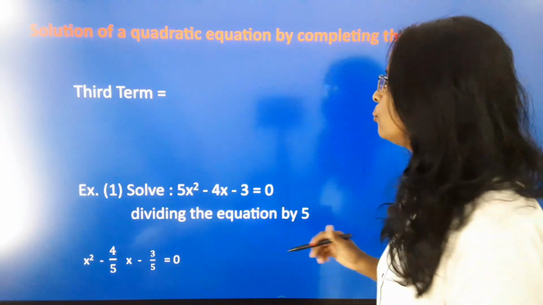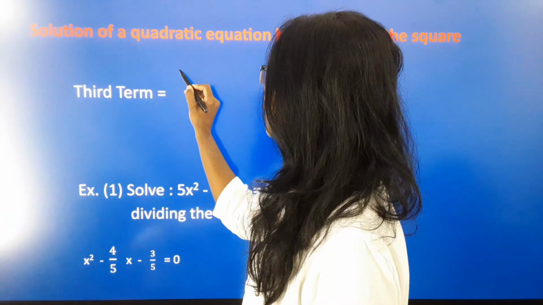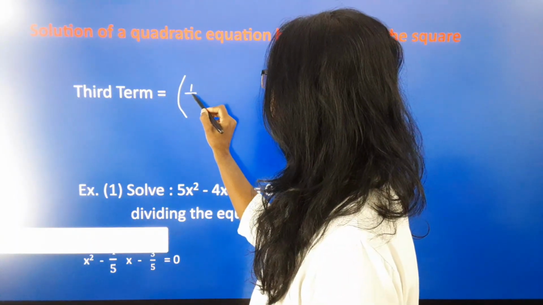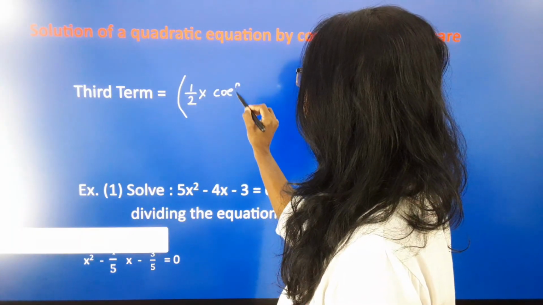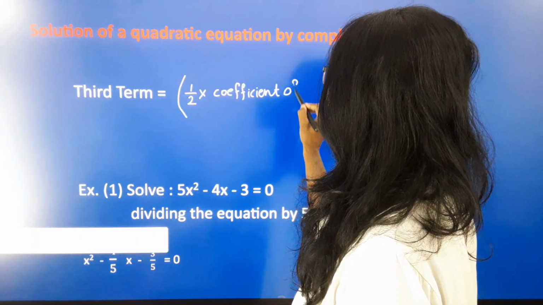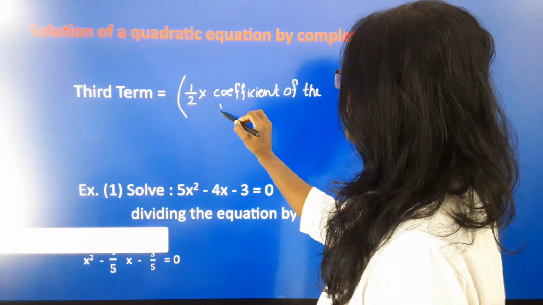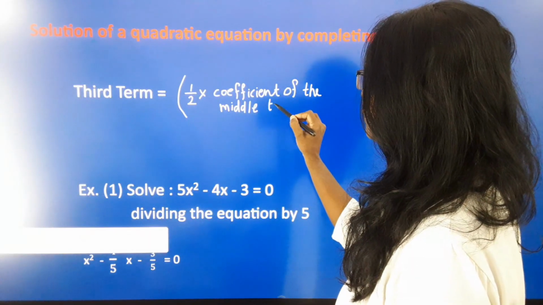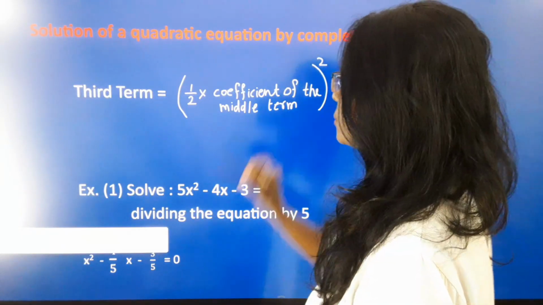Here we calculate the third term by this formula. In the bracket, 1 upon 2 multiplied by the coefficient of the middle term, or you may say the coefficient of x, whole bracket square.